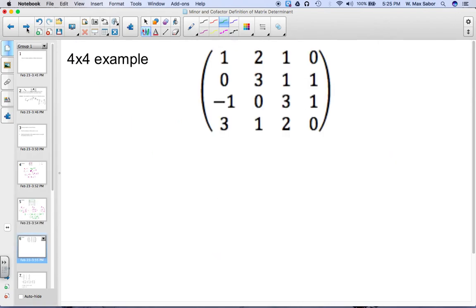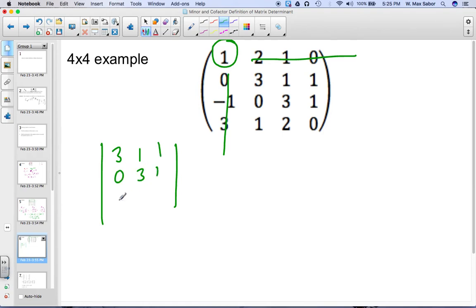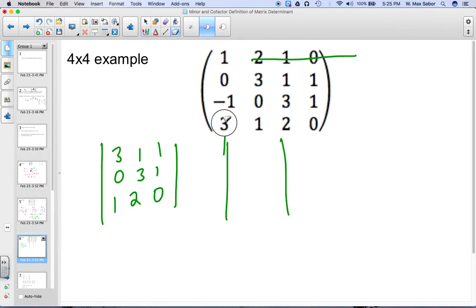Once we start doing 4 by 4, well, the process is the same. I'm going to find this minor, so the determinant here. I'm going to find the next determinant, so by crossing out this, I'll have this matrix.